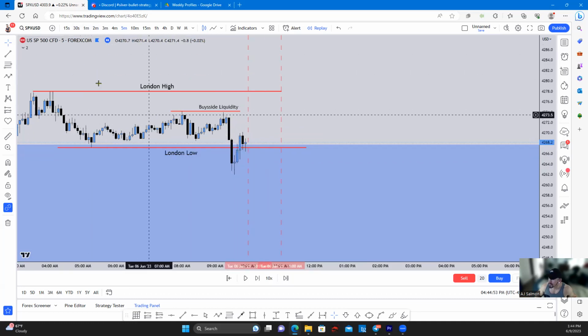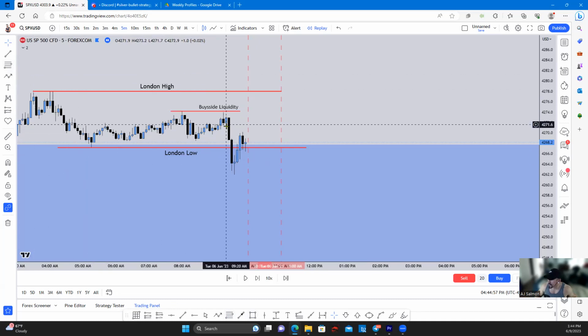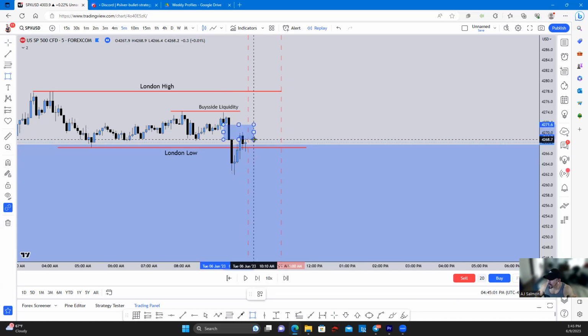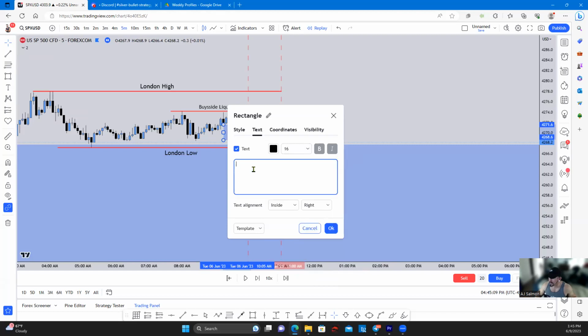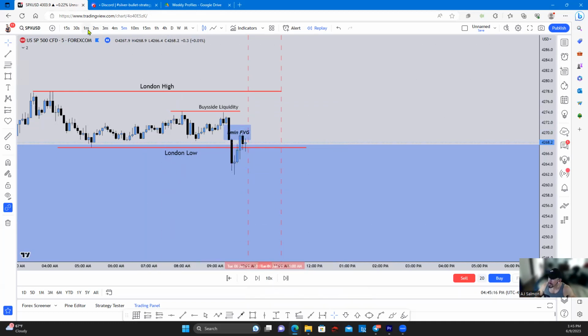Okay, so we have this 5 minute fair value gap here. I always like to delineate and mark up everything so I know exactly where I'm at in the price action. Okay, so drop down to the 1 minute.